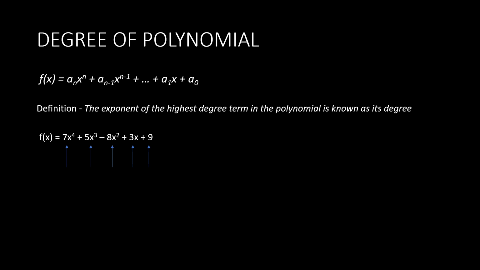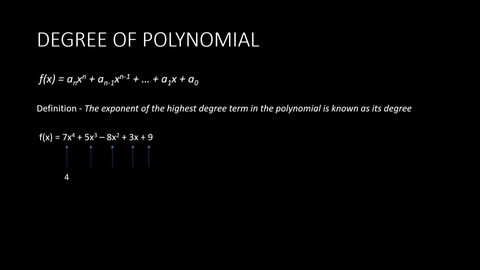Now, if you observe nicely, you can see that each term has a variable x which is raised to some integer power, except 9. 9 is a constant. So the first term, 7x raised to 4, has x raised to the positive integer 4.